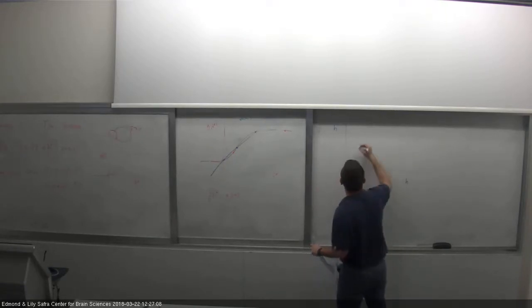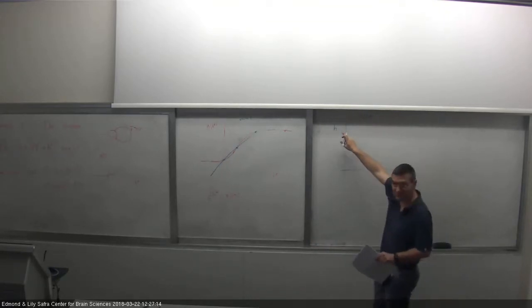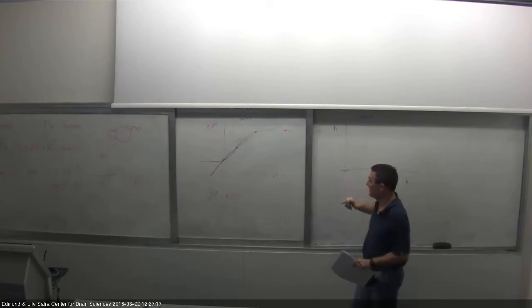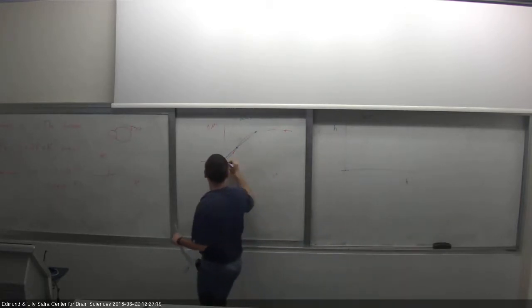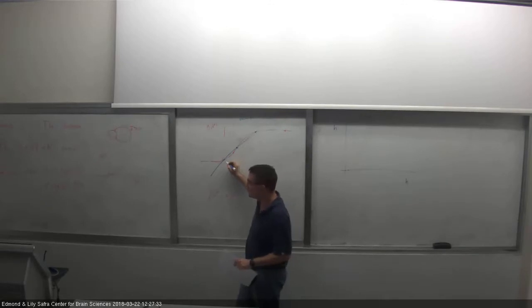This would be the case of j that is small. So at the fixed point, we know that h dot is equal to 0. For values of h smaller than the fixed point, what will be the value of h dot?